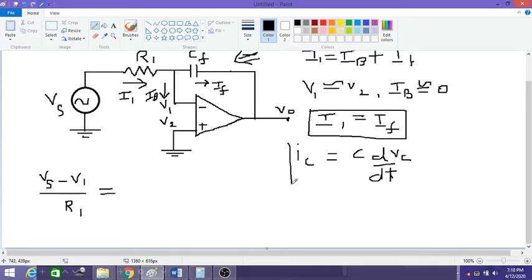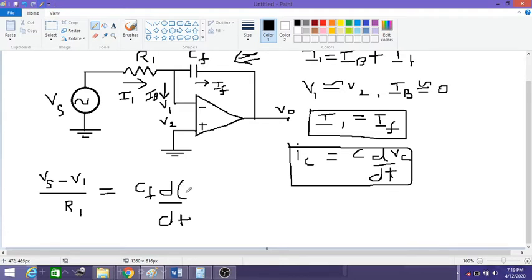By using the second equation we will write Cf into d by dt of the difference of the voltage, V1 minus V0. As we know from this equation that V1 is approximately equal to V2, this is nothing but 0.